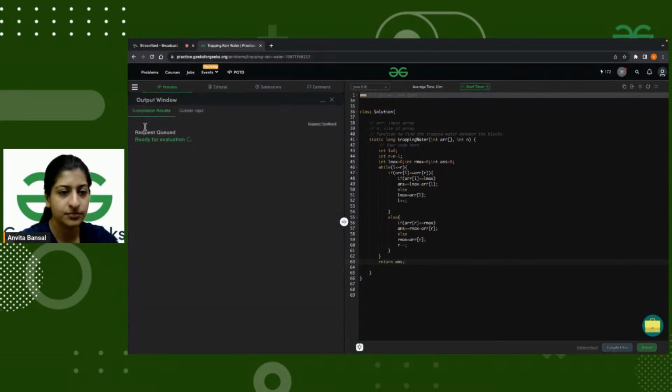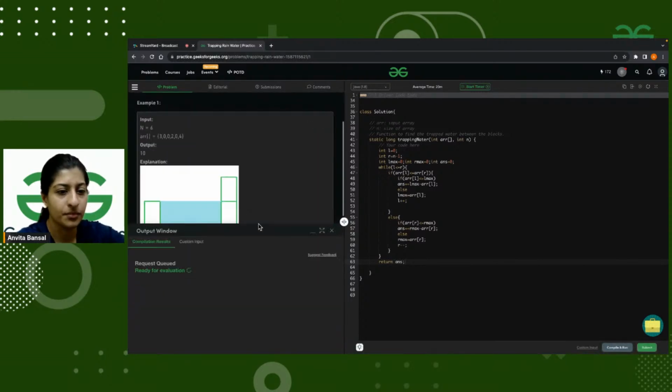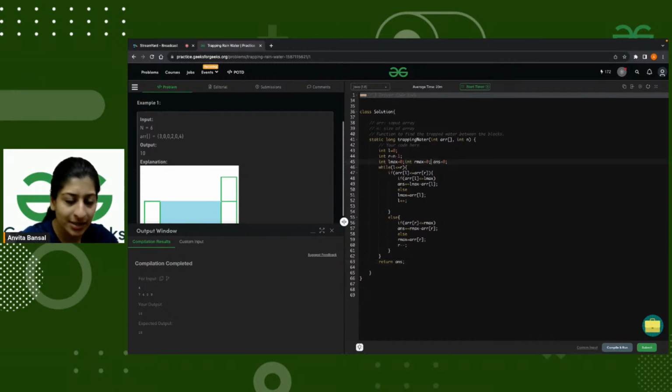Let's check. I think one issue we will get: you have to return a long type of answer, meaning the amount of water should be of long type. Rest in int would work. And let's check.